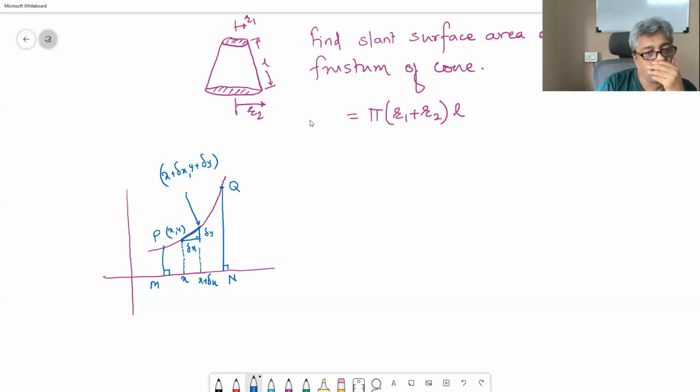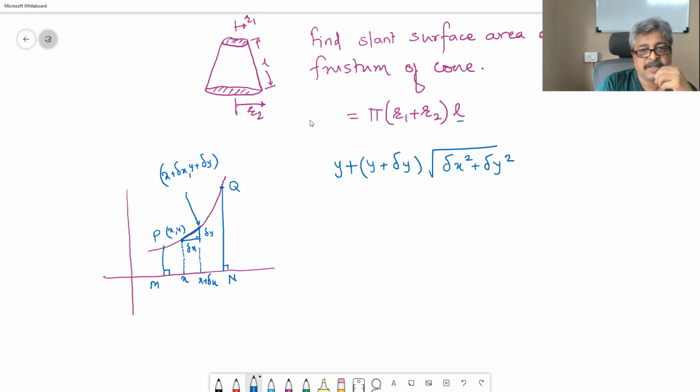Okay, so the slant surface of the frustum of a cone for this strip, for this delta x height, using this formula, will be pi times radius 1, that is y, plus the radius of the second circle, that is y plus delta y, into L, which is the slant length, that is radical del x square plus del y square.